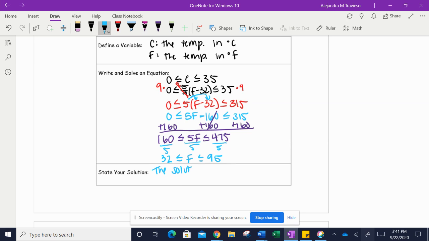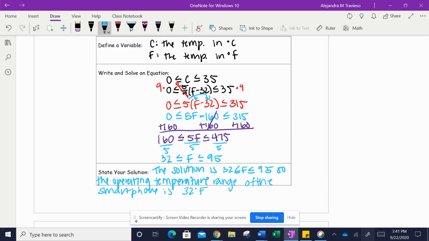The solution is 32 less than or equal to Fahrenheit, which is less than or equal to 95. So the operating temperature range of the smartphone is 32 degrees Fahrenheit to 95 degrees Fahrenheit.